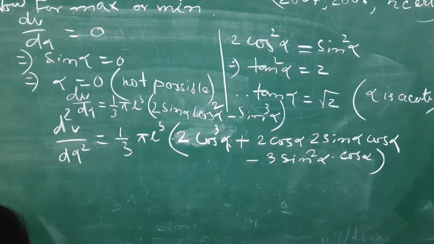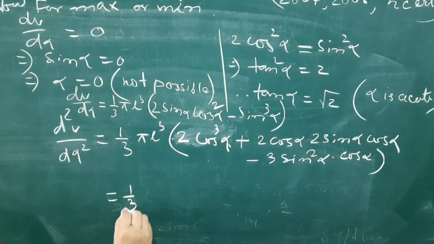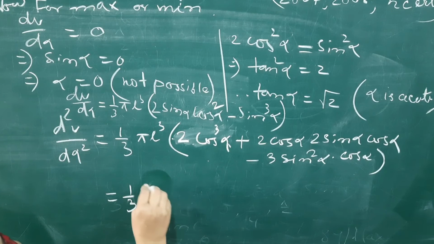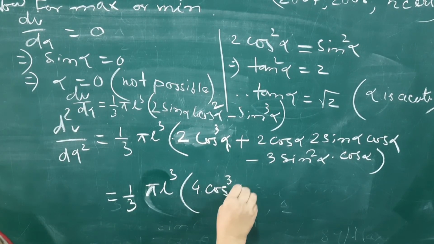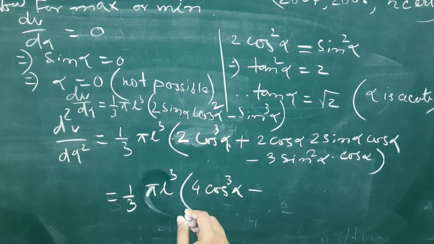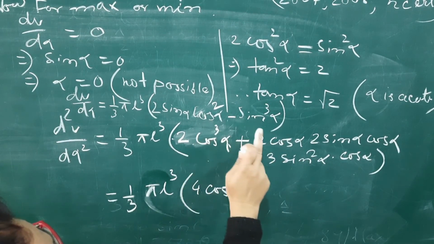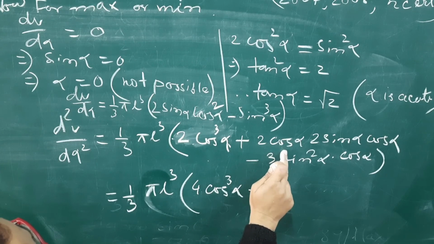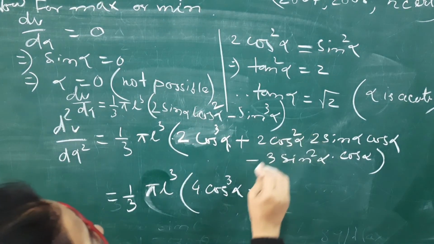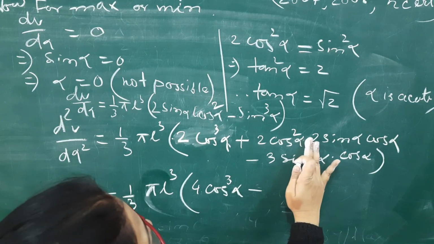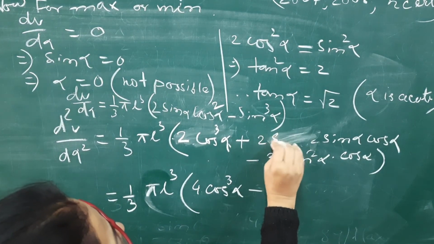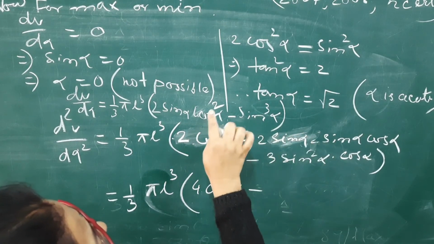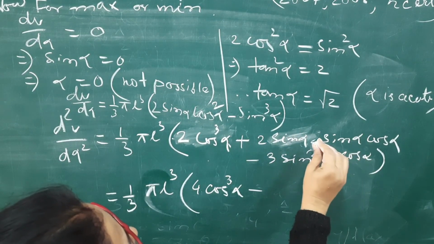First part is 2 cos cube alpha, and next part, I am writing here once more, pi l cube outside, and plus it will be again the second part here, the second line, twice cos square alpha unchanged, derivative of sine alpha is twice sine alpha unchanged, and twice cos alpha and minus sine alpha.